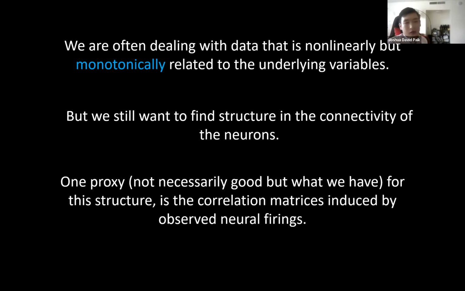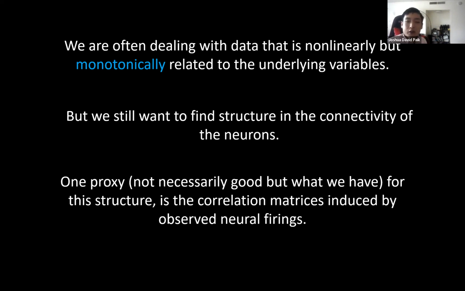Now with data, the motivating question I started this part 2 with is: we're still trying to find structure. Where are we going to look for structure? We're going to look at structure in correlation matrices. Why? How do we find the exact synaptic connectivity? It's really hard to record that data.